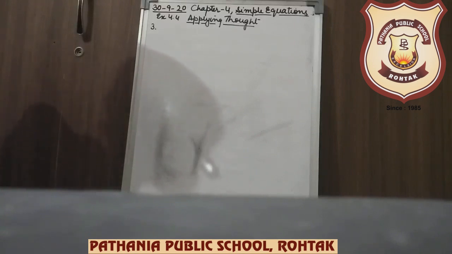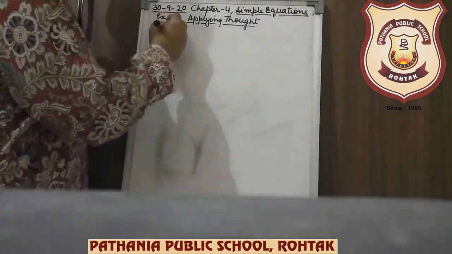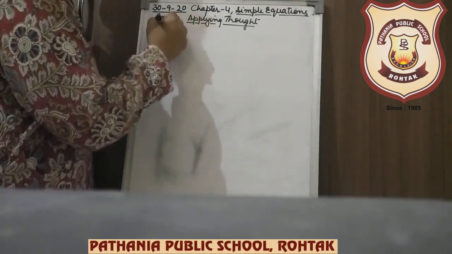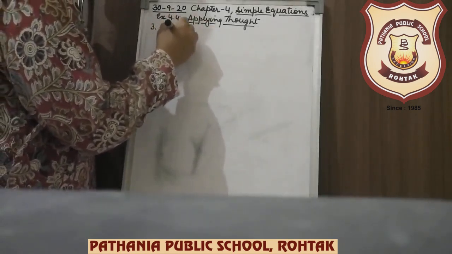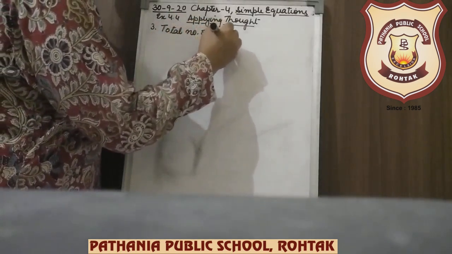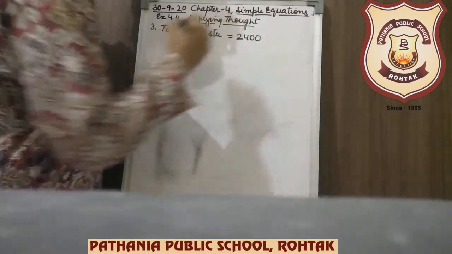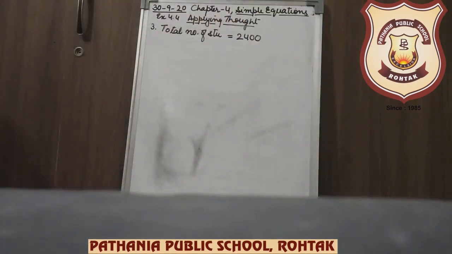If the number of girls are 120 more than that of boys. So first thing is that total number of students is equal to 2400. How many students are there? They are 2400.